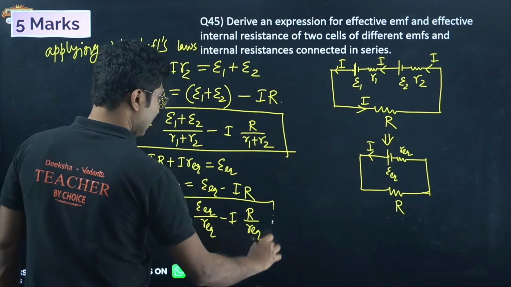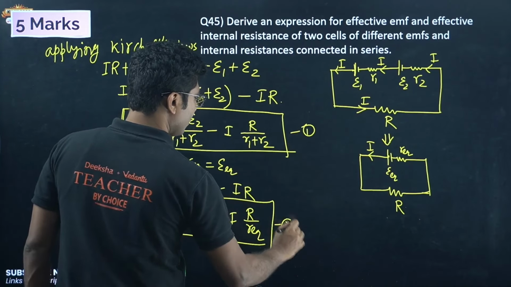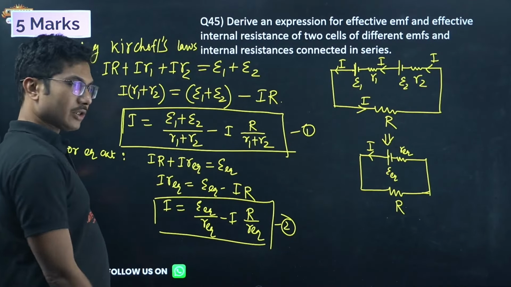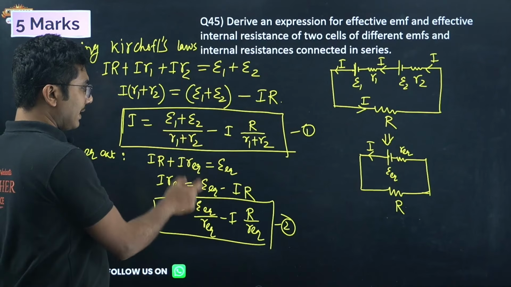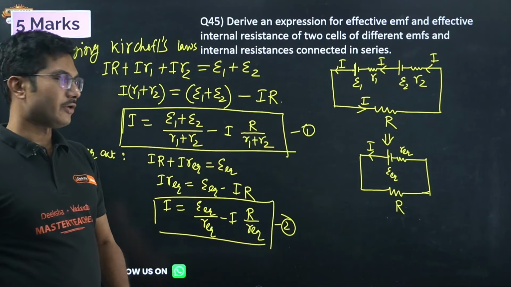Now we can easily compare these two equations, 1 and 2. This is 1, this is 2. If you compare these two equations, we will see that I is the same in both cases. In one case we have epsilon 1 plus epsilon 2, and in the other case we have epsilon equivalent.